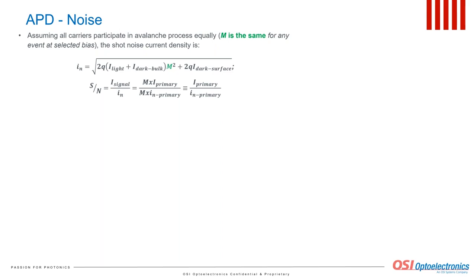But real life is not that simple. The assumption of equal gain M for each carrier is actually not correct. As was shown by McIntyre and later developed by Campbell's group, the probability to create an avalanche is widely distributed.